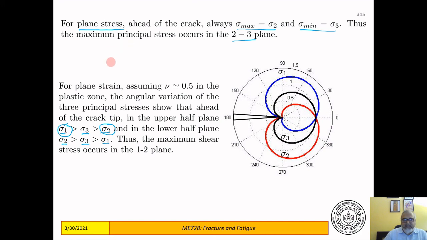So in perfect plane strain situations, the yield according to Tresca will occur in the plane of the maximum shear stress, and therefore yield will occur in the plane of the crack, whereas in plane stress it is more likely to occur in the perpendicular plane, that is the 2-3 plane. The 2-3 plane is the plane perpendicular to the slide.